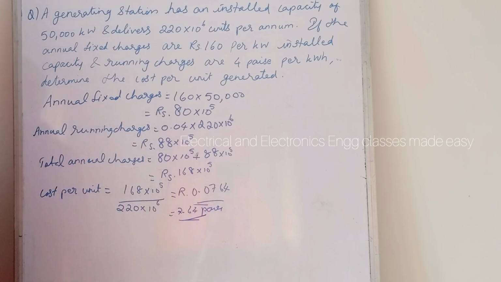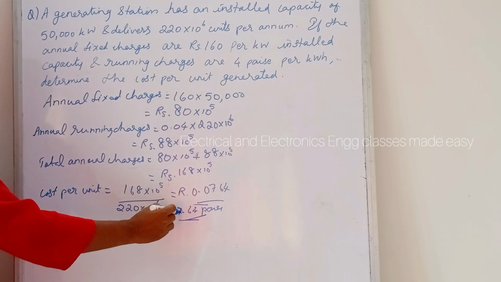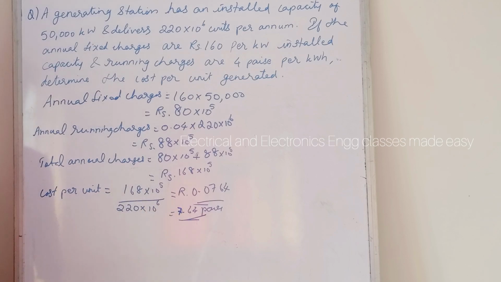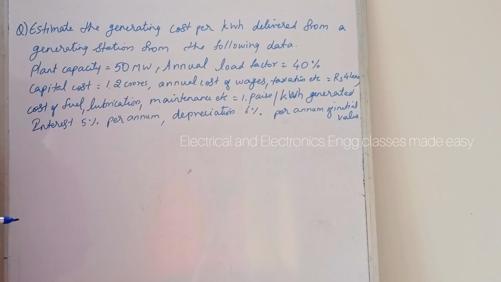So this is the cost per unit generated. So in this way we are calculating the cost per unit generated. Let us do another problem.